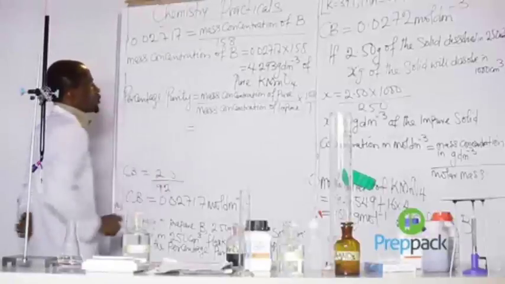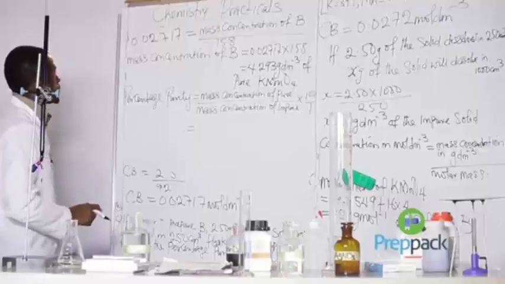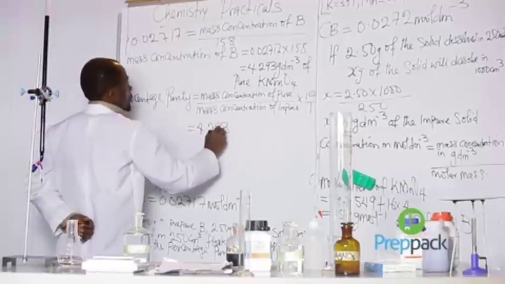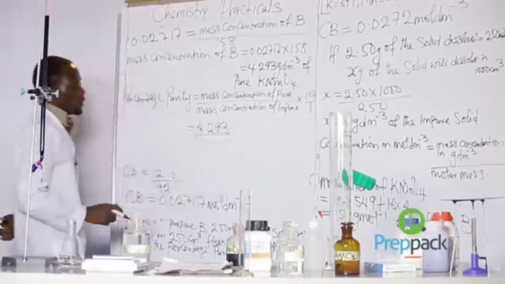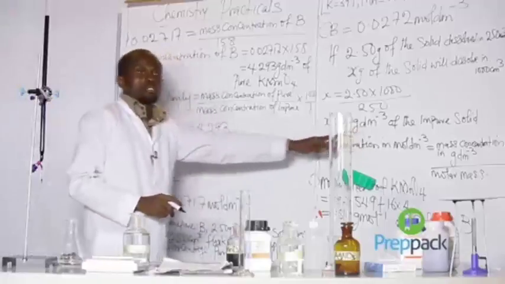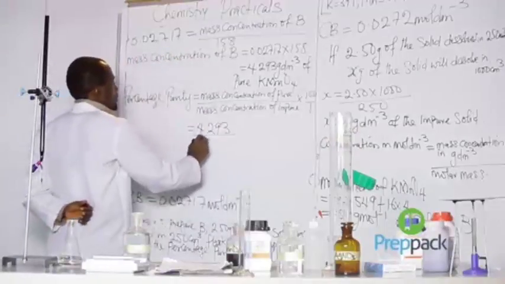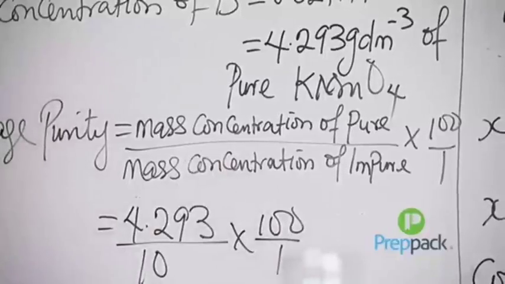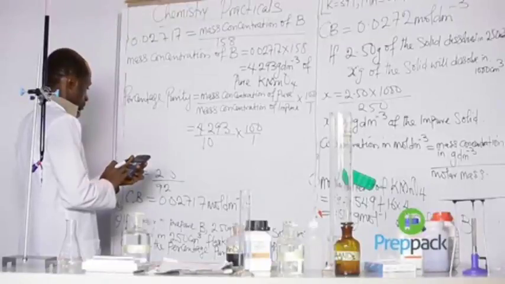That is equal to 4.293 over the mass concentration of the impure, which is 10 gram, times 100.